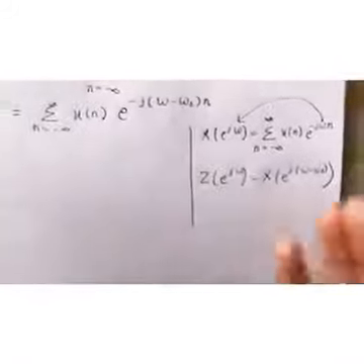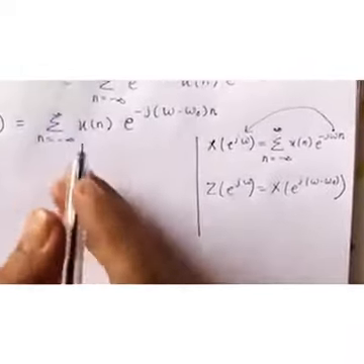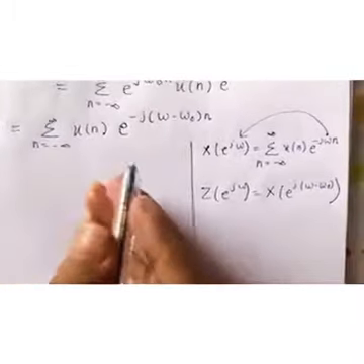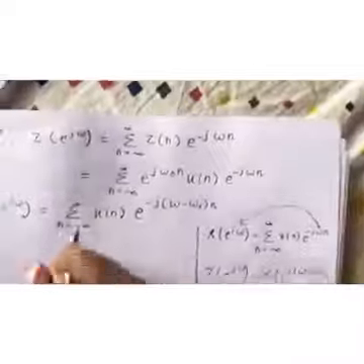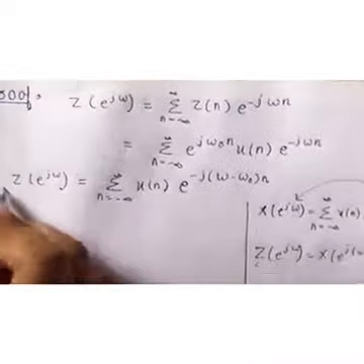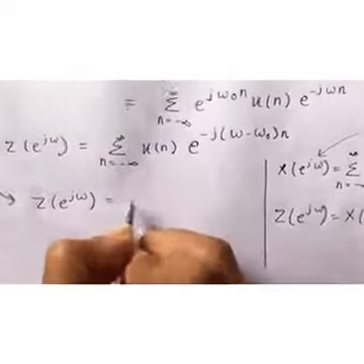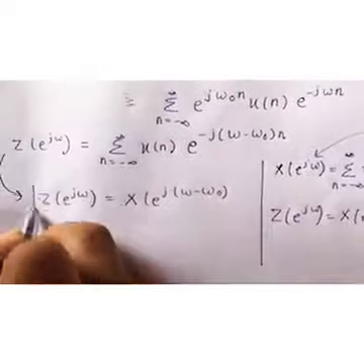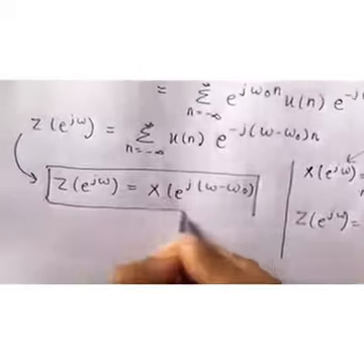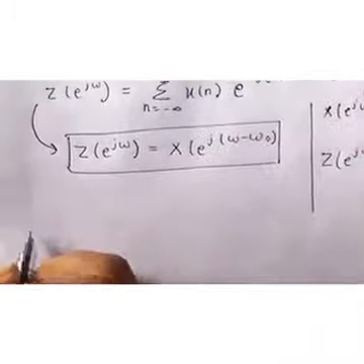So it is opposite to the time shift. If we have a shift in time, there will be an exponential multiplier with the negative sign in the output, and if we have a multiplier or exponential in the input, the output will have a frequency shift. So that becomes Z of e^j omega equal to X of e^j (omega minus omega naught). Fourth property is scaling property.